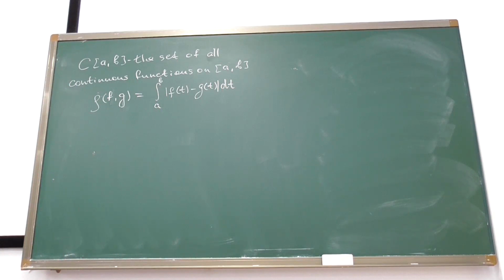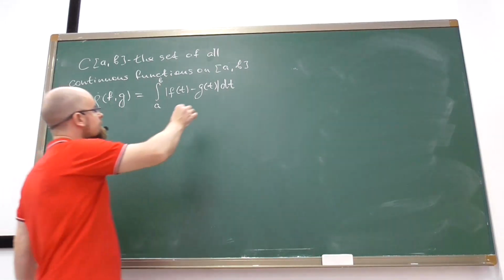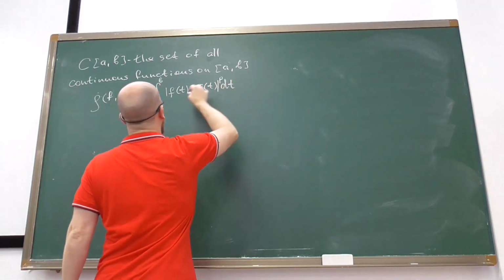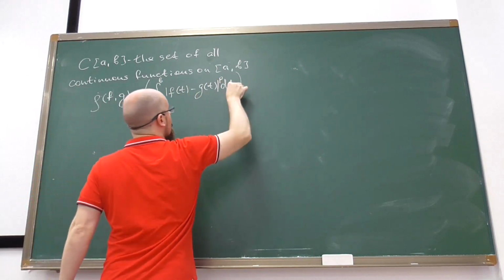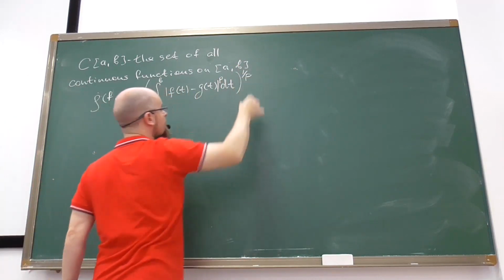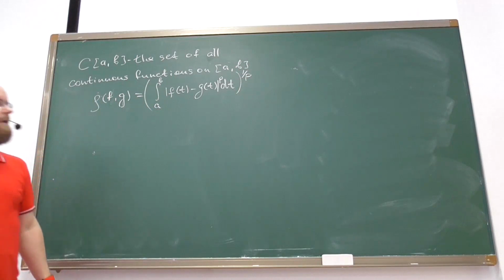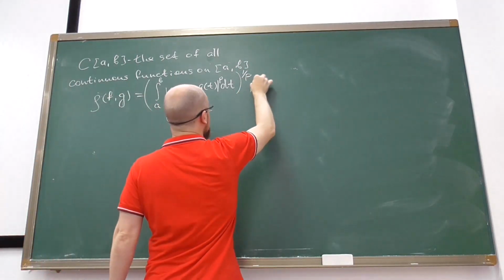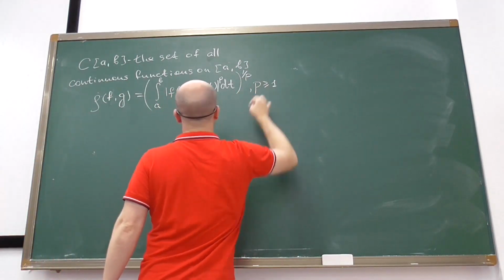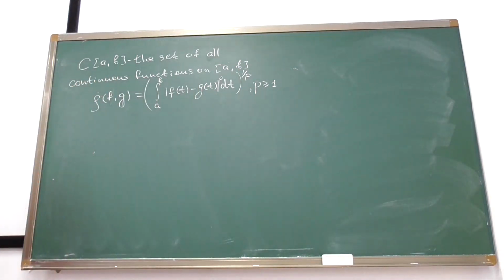Similarly to the case of R^n, there is nothing special about ones here. We can raise this absolute value to the power of p and the whole integral to the power 1 over p. And again, for p greater than or equal to 1, this is a metric.